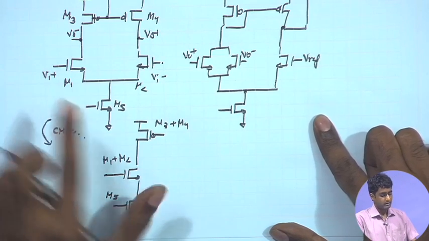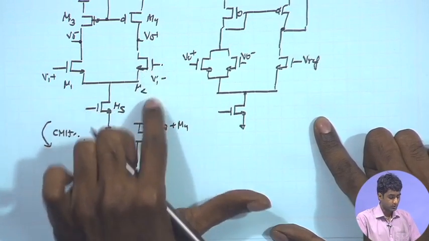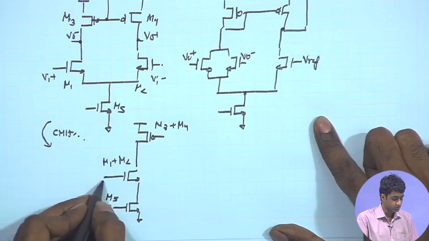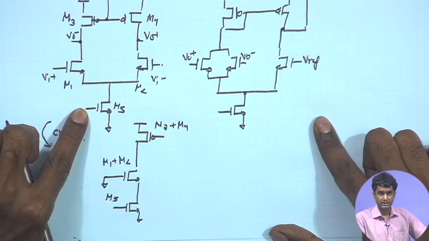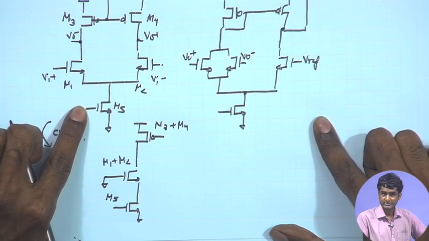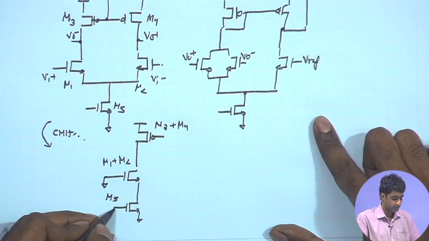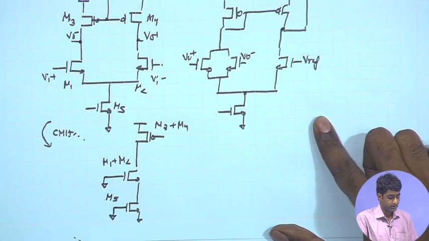So, we are talking about DC potential. So, gates of M1 and M2 both are at DC bias point, so I can put an AC ground over here. Likewise, the gate of M5, which is the tail current source, is also at a DC bias point with the help of a reference current mirror, for example. So, we can put an AC ground over here as well.